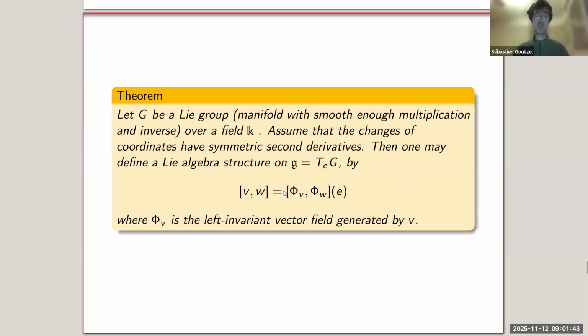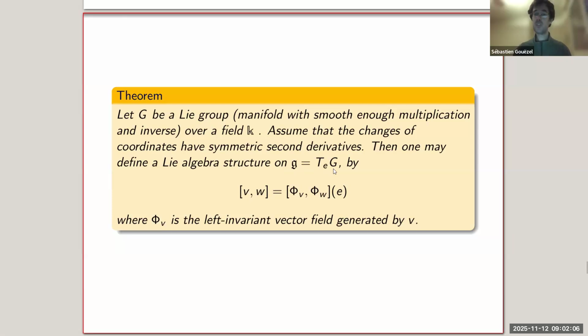Okay, so a consequence of that is that if you take a Lie group, by Lie group I just mean a manifold with a multiplication and an inverse map, and they are smooth. You take a Lie group, and then I will define a Lie algebra structure on the Lie algebra.